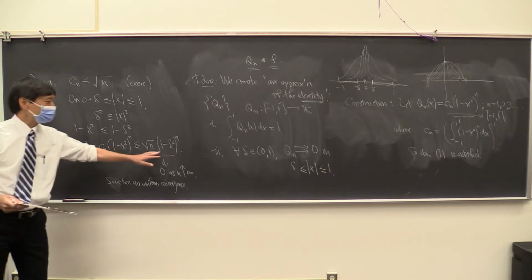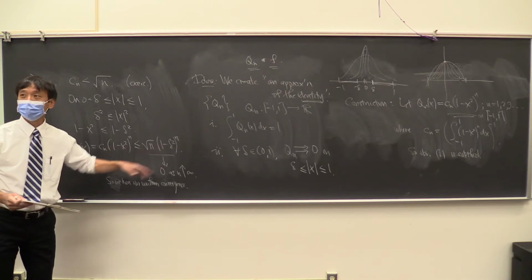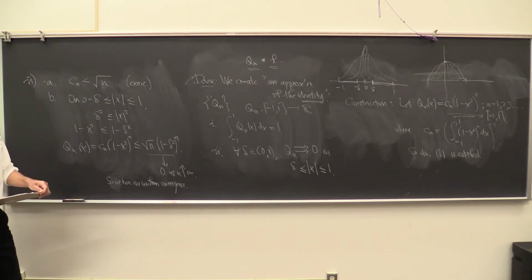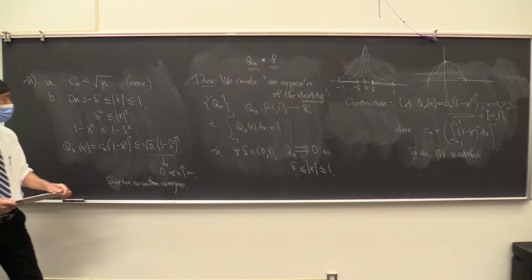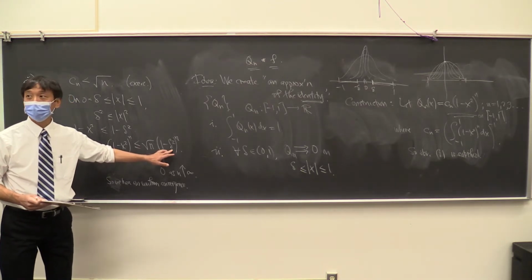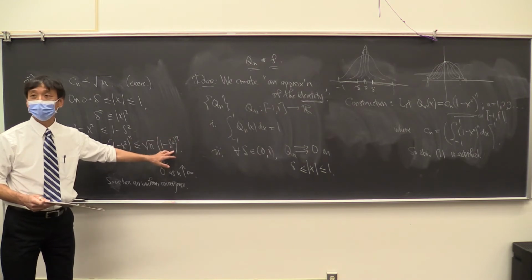Okay. You can, if you want, see this by L'Hopital's rule or something like that, if it's not clear. You've got this thing that's smaller than 1, and you're raising it to the nth power.